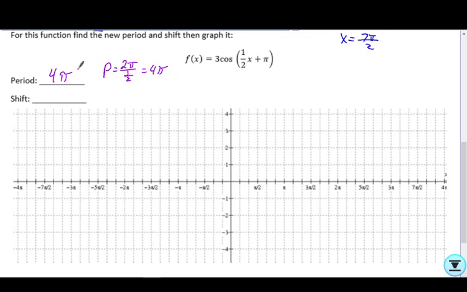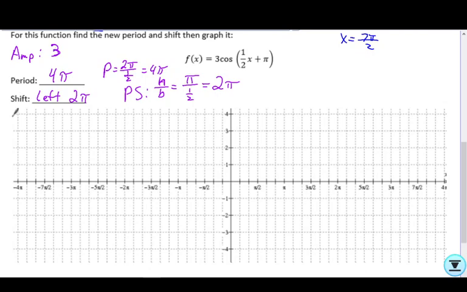Our shift, since it's positive, we're moving to the left. And we have a phase shift going on, so it's going to be h over b, which is pi over 1/2, which equals 2 pi. So we're going to the left 2 pi. And we have our amplitude, which is now 3.